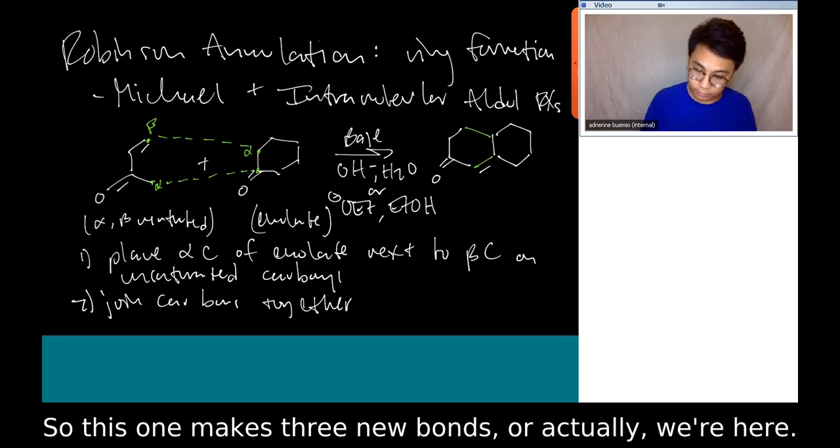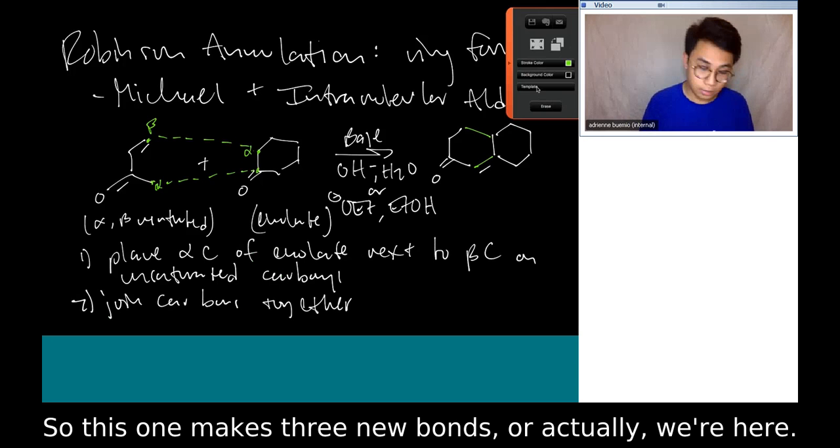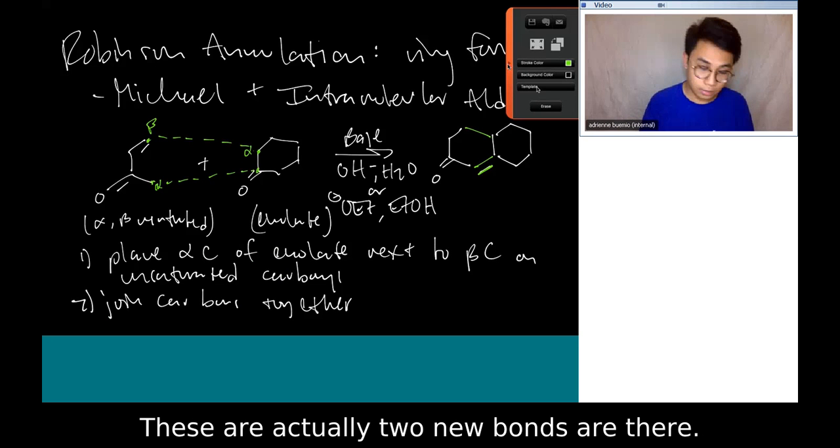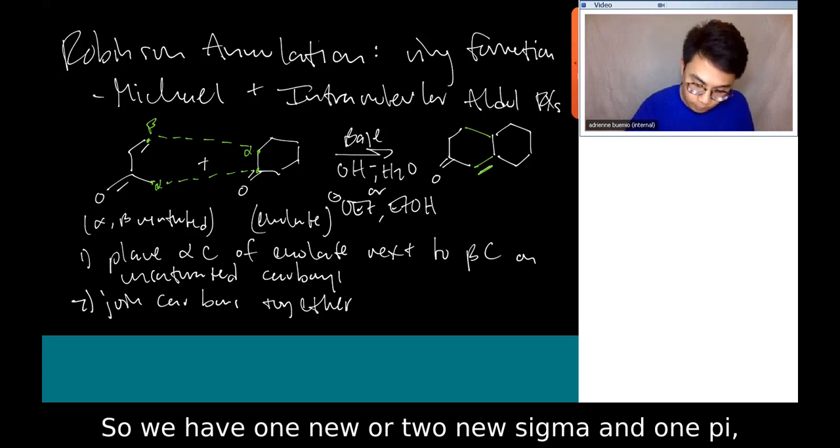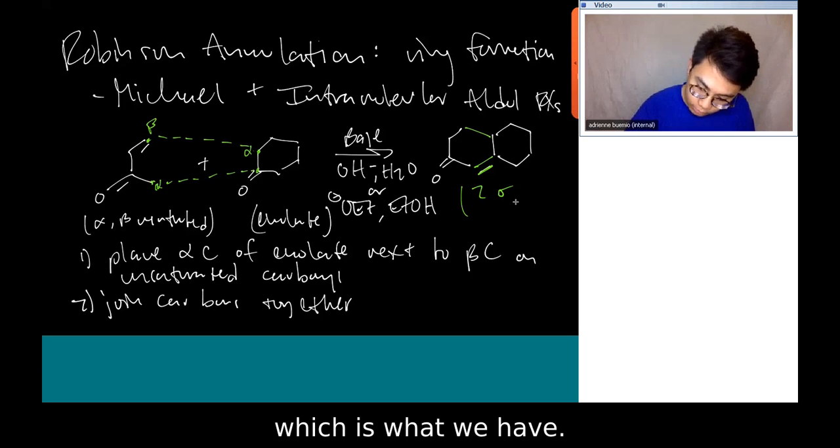So this one makes, actually, here, these are two new bonds right there. So we have two new sigma and one pi, which is what we have, right?